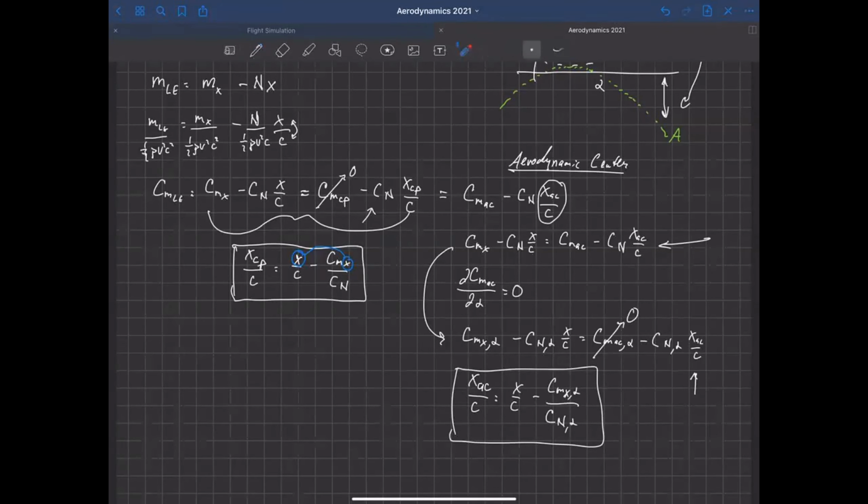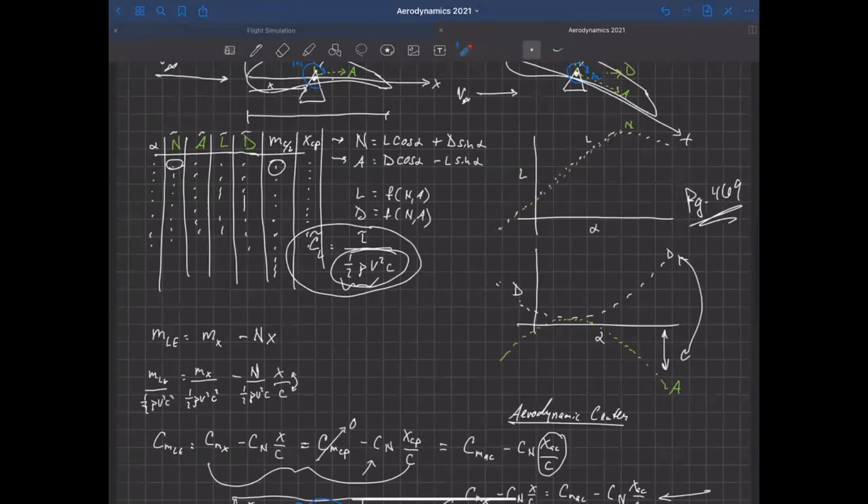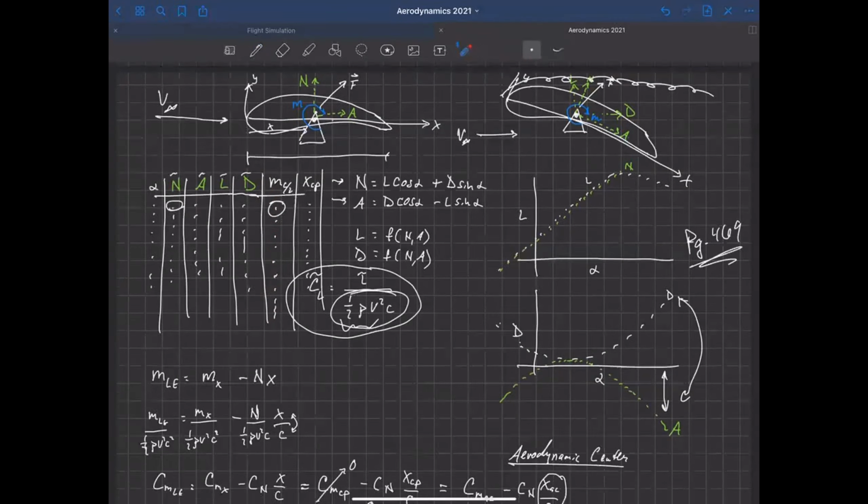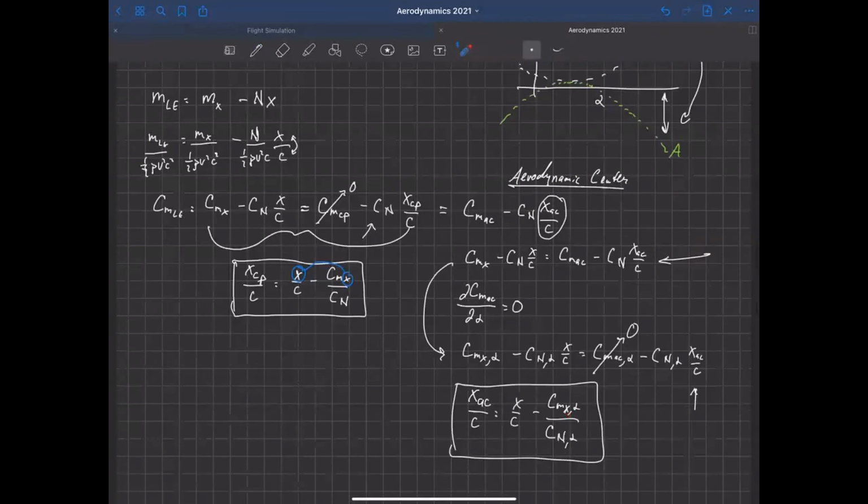What we have here from this wind tunnel information is the pitching moment at the half chord, and what we need in order to find this is the derivative of that with respect to alpha. And remember, we already have X over C is 1/2 because that's the location of where we got our pitching moment information.